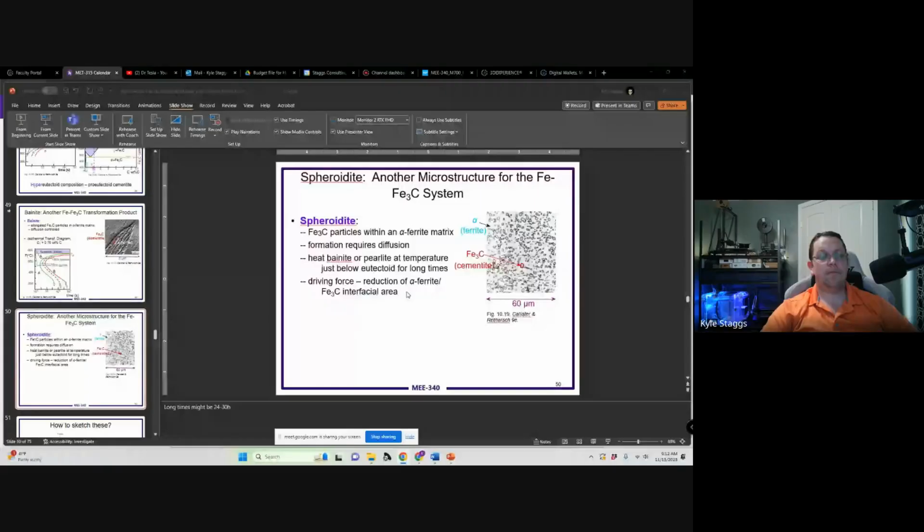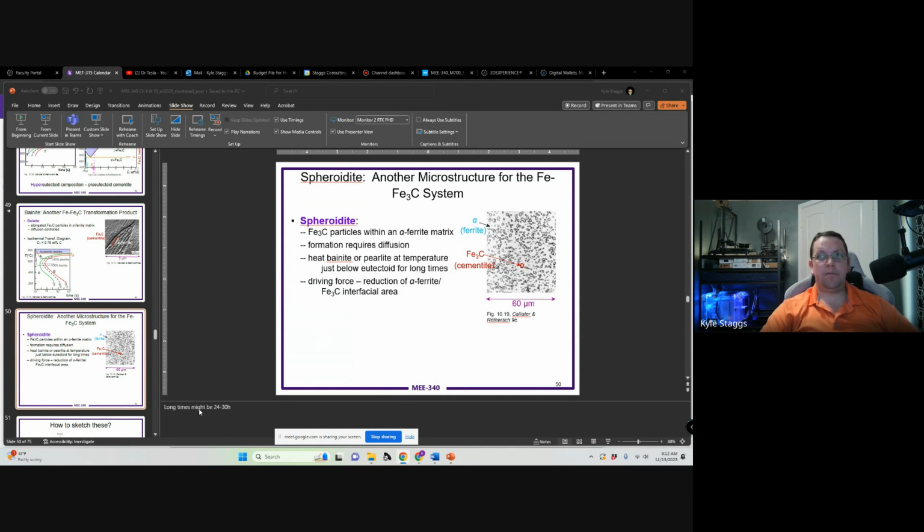So I'll go back to an example like this. So something like spherodite. There we go. Should be showing now. Something like the spherodite is something that forms, but over a much longer time.